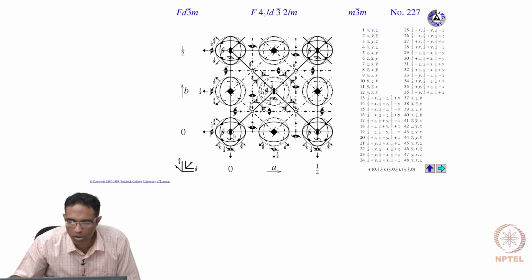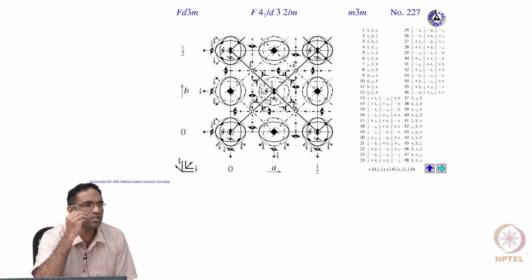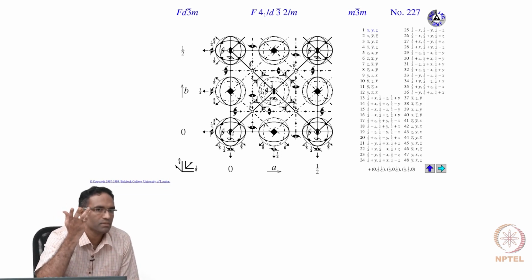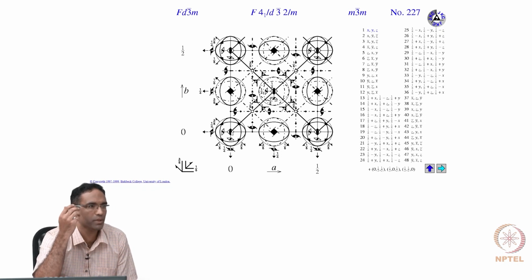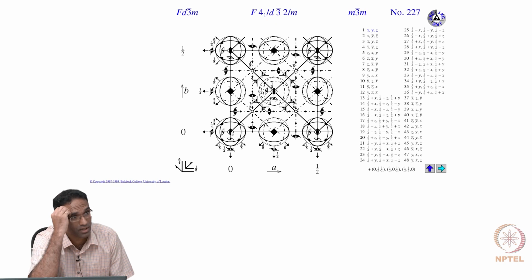So the origin here is somewhere here, and it is not necessarily placed on an atom always, because Fd3̄m is probably the space group for so many different crystals. It is not necessary that it is only for carbon diamond. Okay, and you can have several different possibilities, several different atom types coming up.